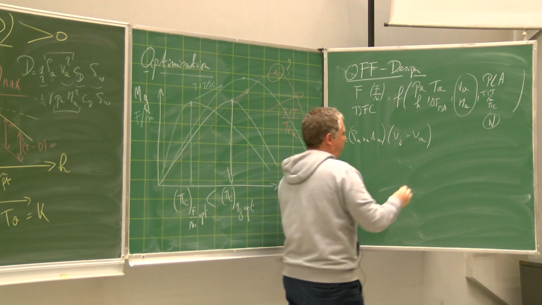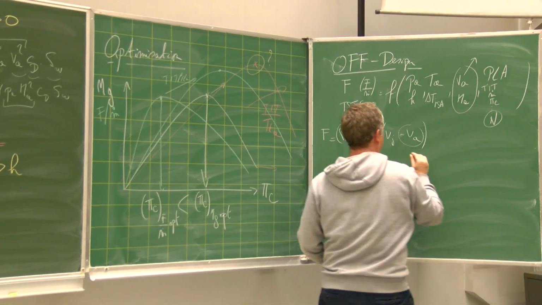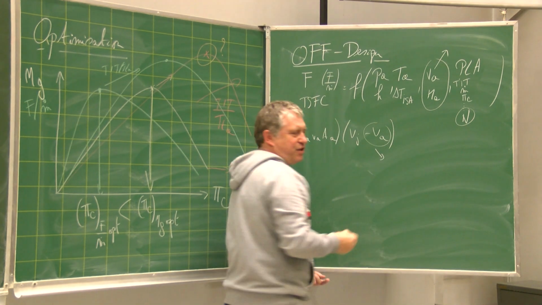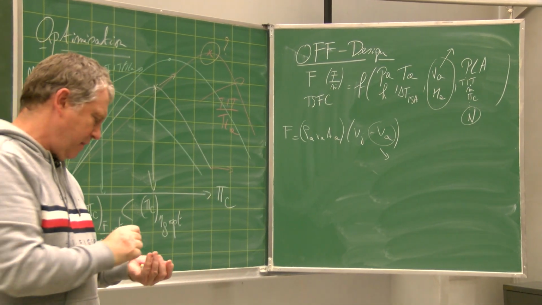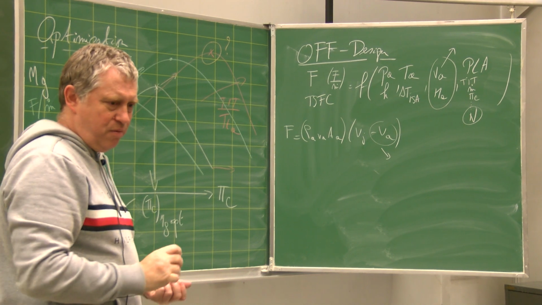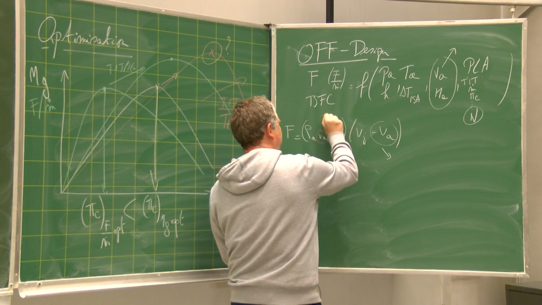Okay? VA is, let's say, increasing, so this term has a negative impact with the minus VA. Okay? And a lot of you would say, yes, but I have a very positive effect here.